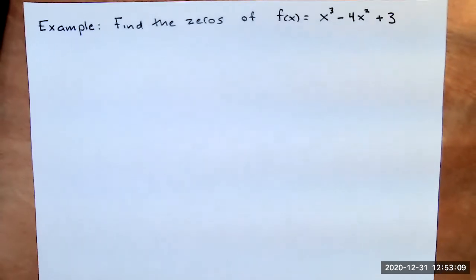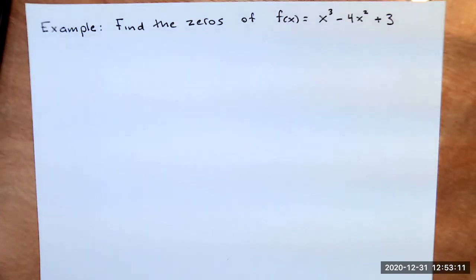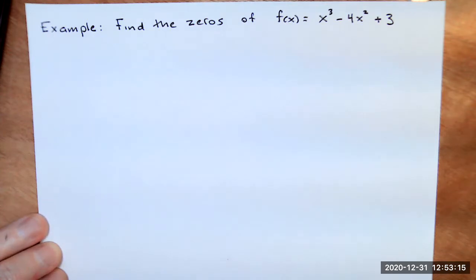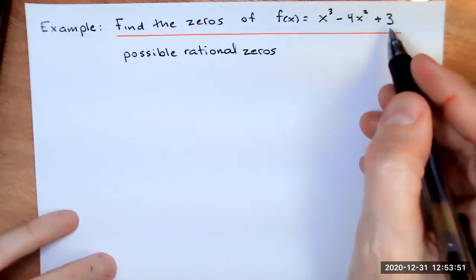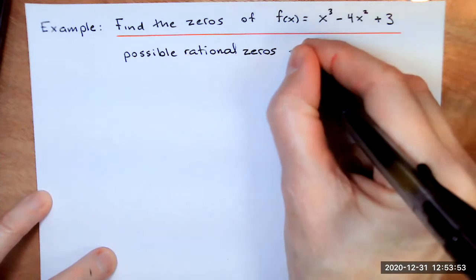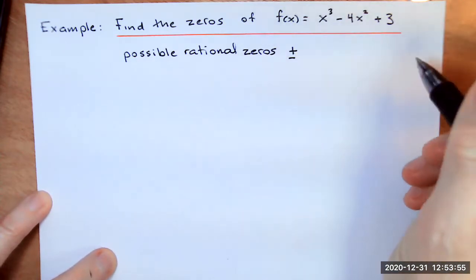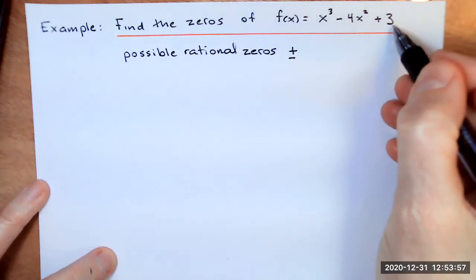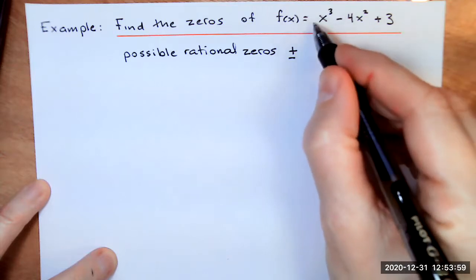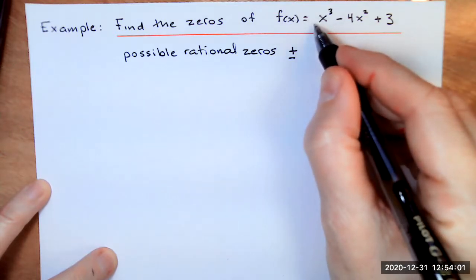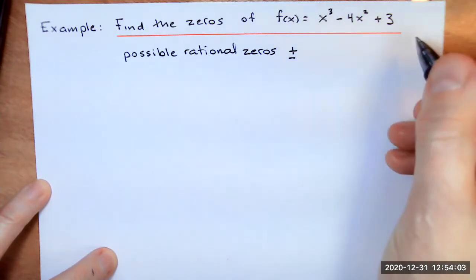All right, so first let's use the rational zeros theorem, and let's list our possible rational zeros. So remember, it's either plus or minus, and we take the factors of the last term and divide it by the factors of the coefficient of the first term.